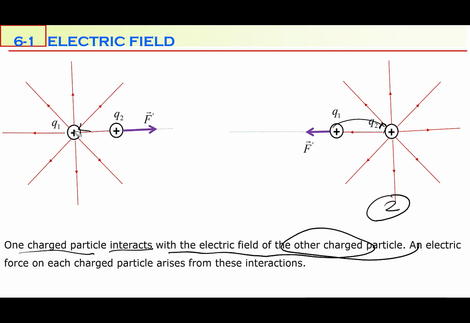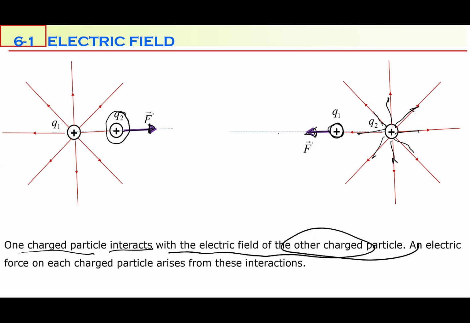Every charge has an electric field around. Q1 has its own electric field around. When Q2 enters inside this electric field of Q1, it will be repelled. Q2 has its own electric field around. When Q1 is inside this electric field, it will be repelled.